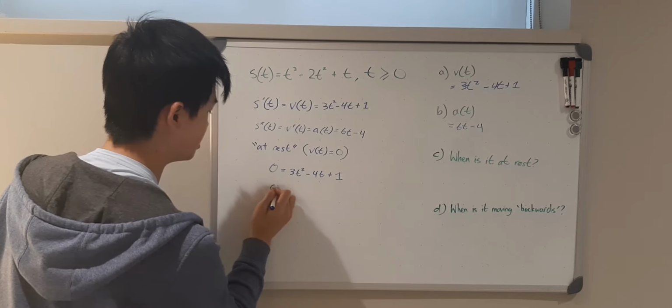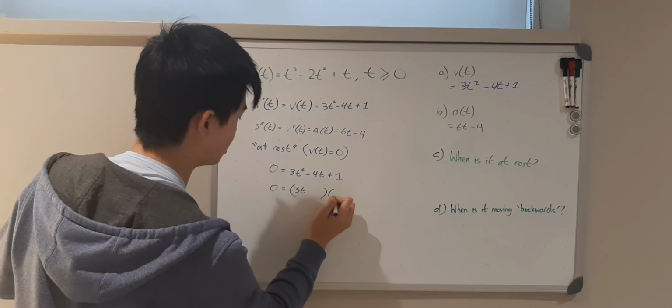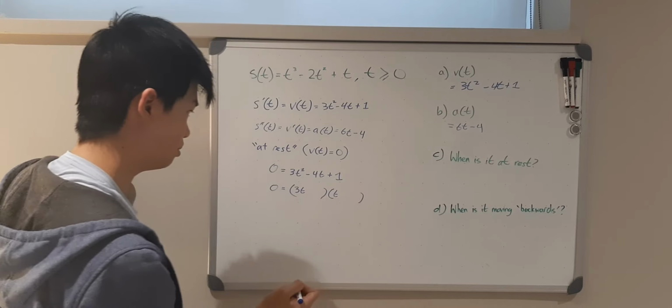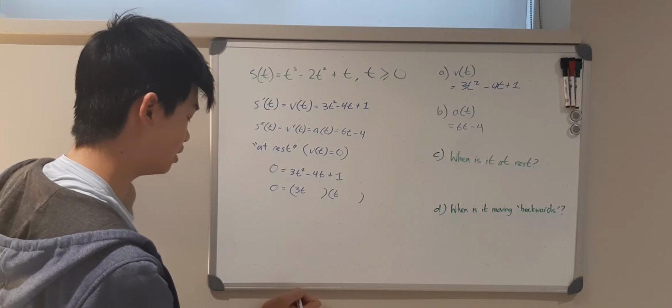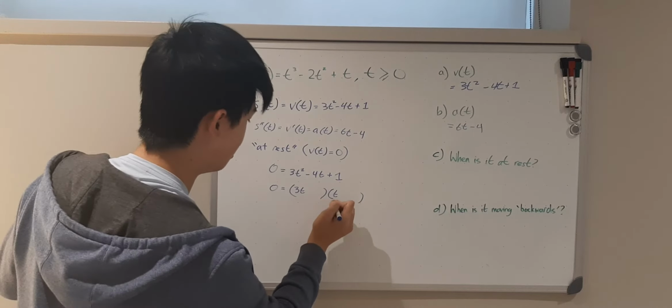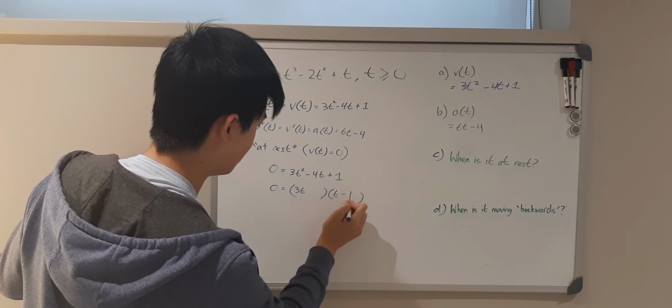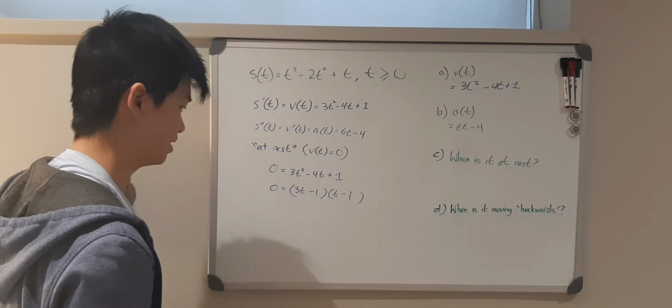We can factor this. 0 equals 3t minus 1 times t minus 1.